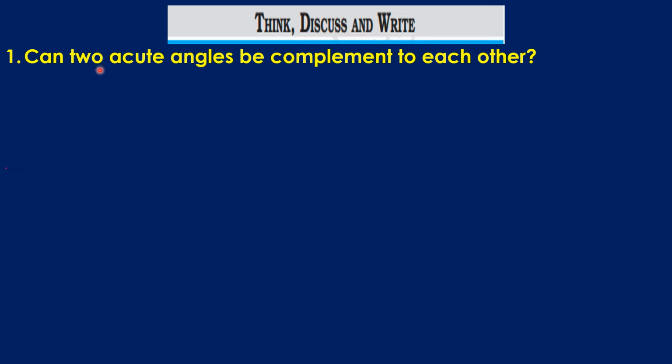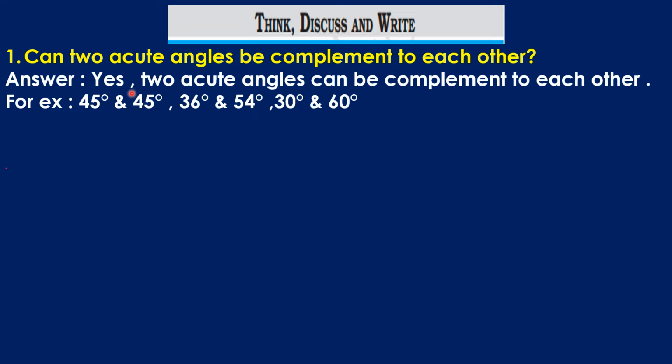And here they have given two acute angles. What is an acute angle? If the angle is less than 90 degrees, then we call it an acute angle. Here we have to say whether the statement is true or wrong. Can two acute angles be complementary to each other? Yes. Two acute angles can be complementary to each other.